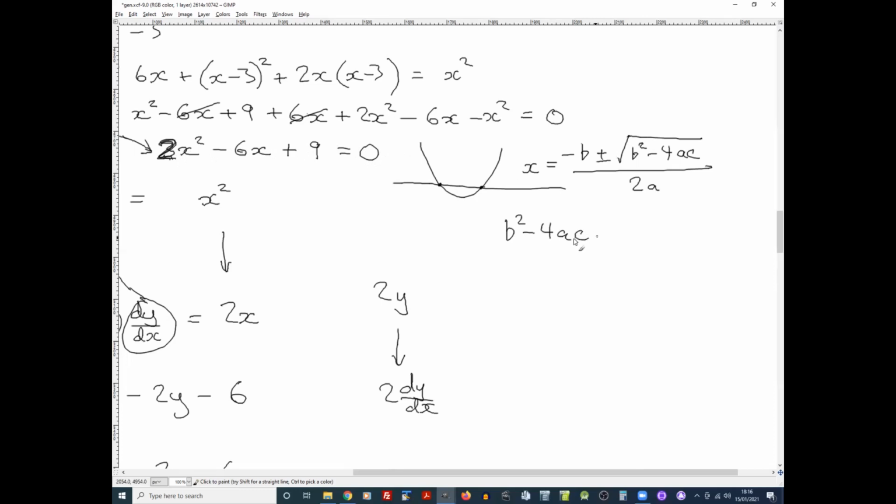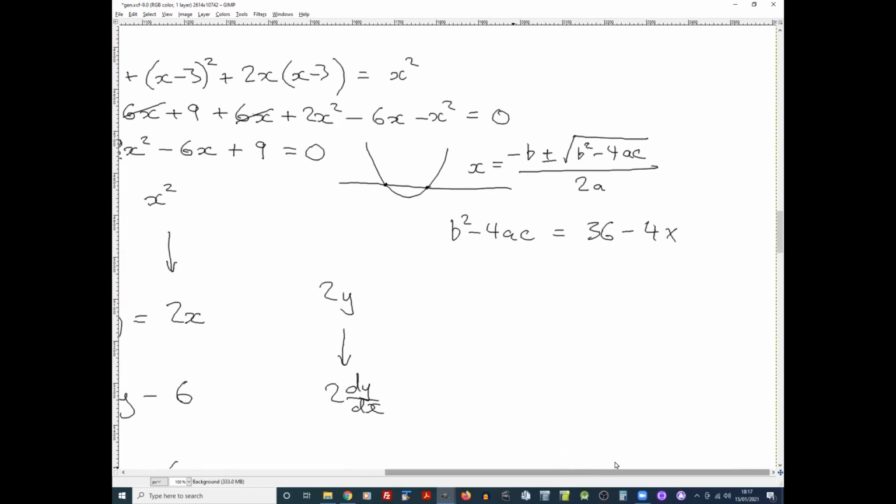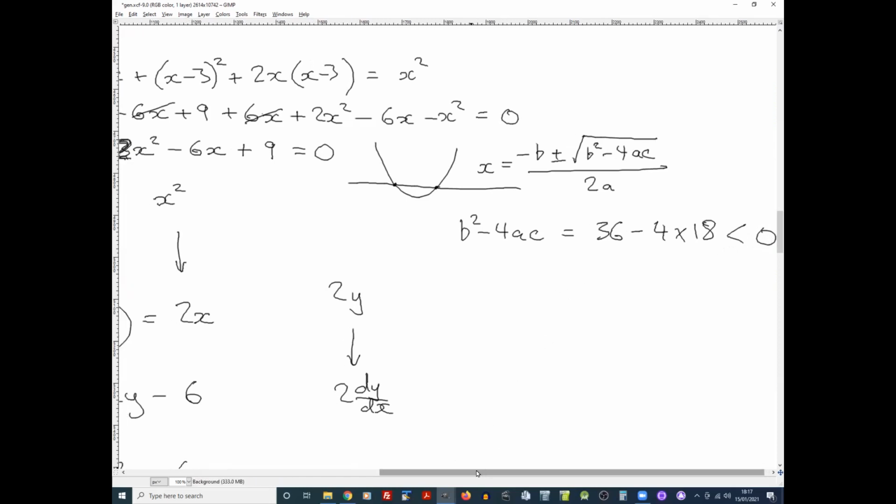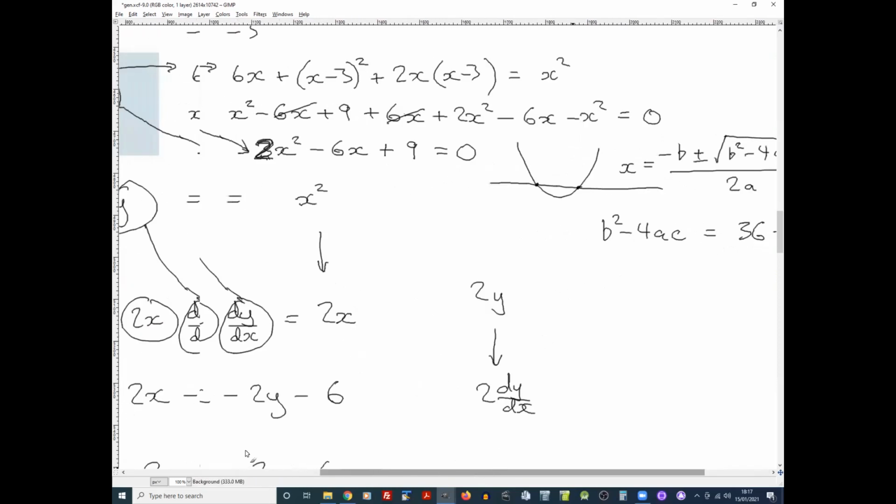So what's b squared minus 4ac? It is 36 minus 4 times 2 times 9, which is 72. So it's minus 36, which is less than 0. So that answers part A, because we've shown that this quadratic has no solutions.